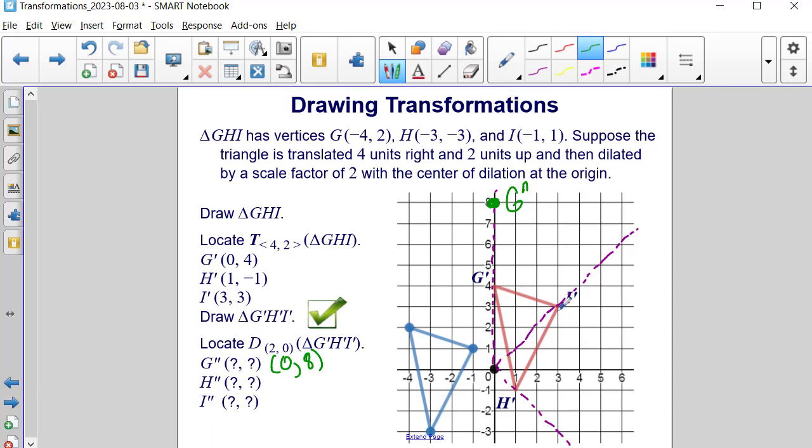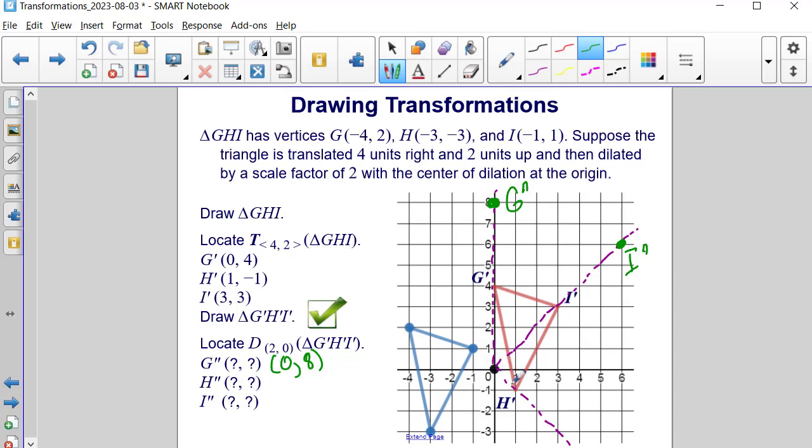To get from the origin to I prime, we have to go diagonally 3 units up and to the right. So let's do that 6 times to get I double prime: 1, 2, 3, 4, 5, 6. And now to get from the origin to H prime, it's 1 unit diagonally down and to the right.